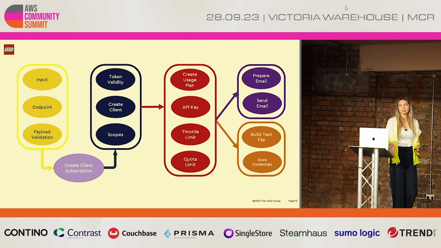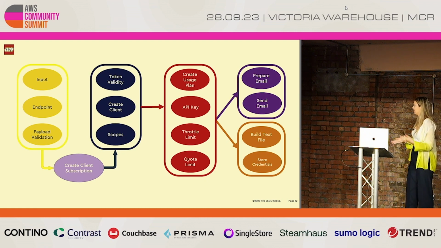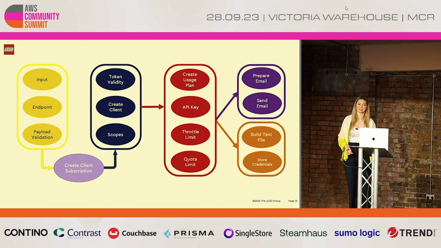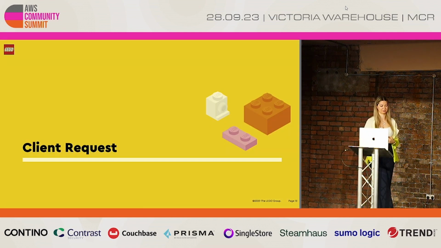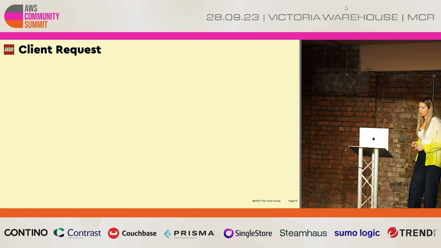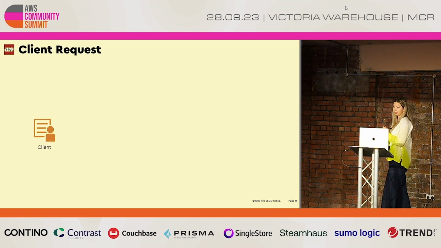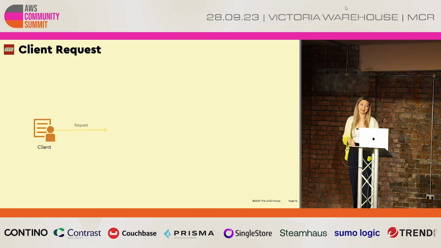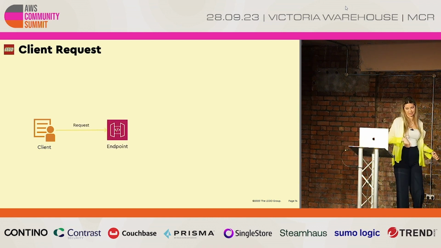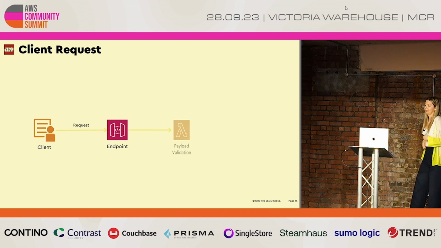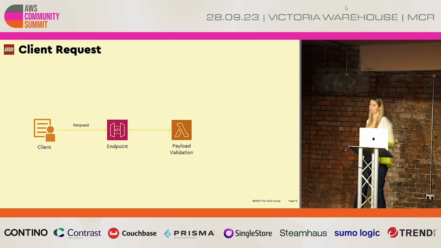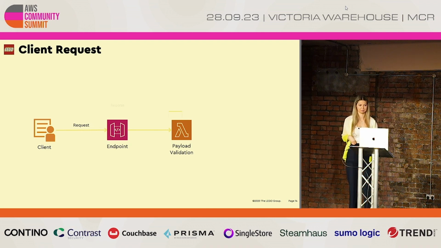Okay, so I think now we have an understanding of the use case and how we're planning to do it. So let's dive into the AWS services and how we can leverage them to achieve this. So first, let's look at the client requests. So you have your client, and then that client makes a request to an endpoint that sits behind an API gateway, and then that request goes to a payload validation lambda that does all the checks that you want it to make.